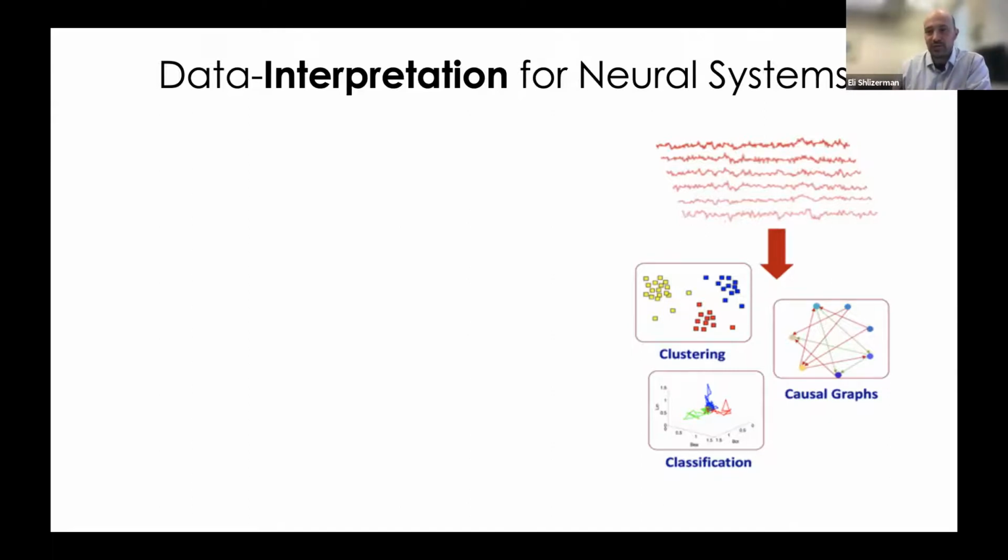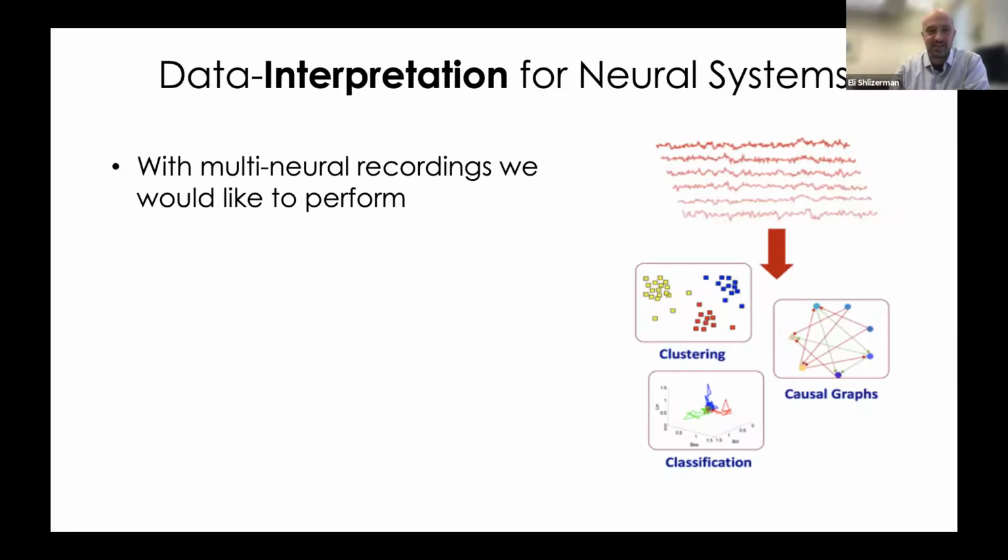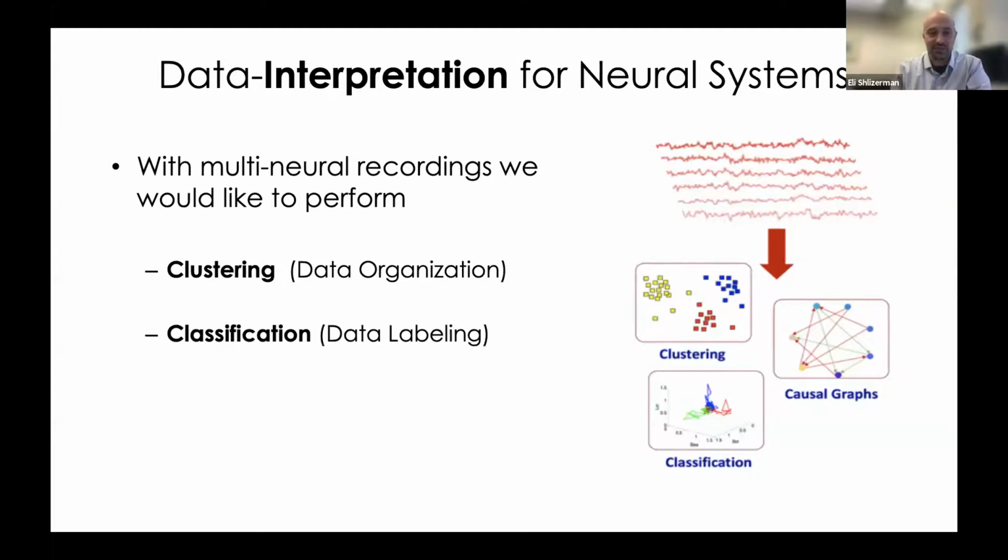And we could think of data interpretation in terms of three major aims and tasks. With these multi-neural recordings, we would like to do first a data organization. So when data is being recorded, we would like to understand what are the clusters in this data, and do they correspond to different types of patterns, as was described in previous presentations.